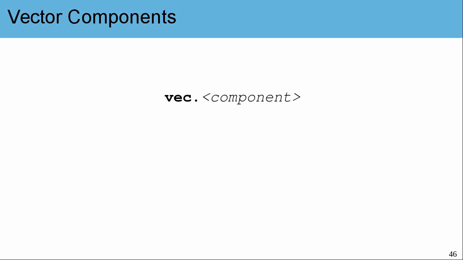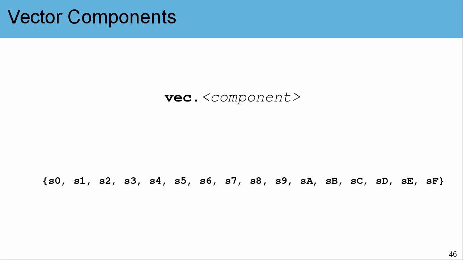So let's now talk about addressing. If I have a vector, x, y, z, whatever you want to call it, and I want to access a component, I want to unpack that vector, I'm going to use dot and then call the component. Since you're doing programming, I'm sure you're happy to use hexadecimal, and since we're going from 0 to 16, hexadecimal is perfect for this.